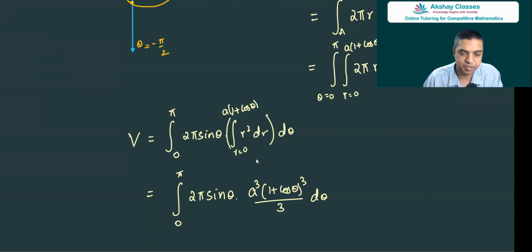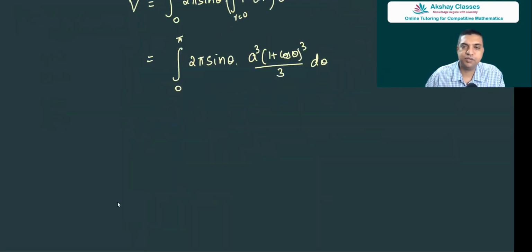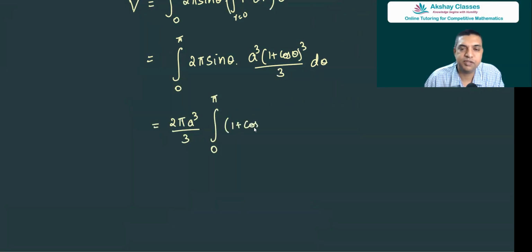Applying the limits, 2 pi a cubed upon 3 is taken out, and we have (1 plus cos theta) the whole cubed into sine theta d theta.